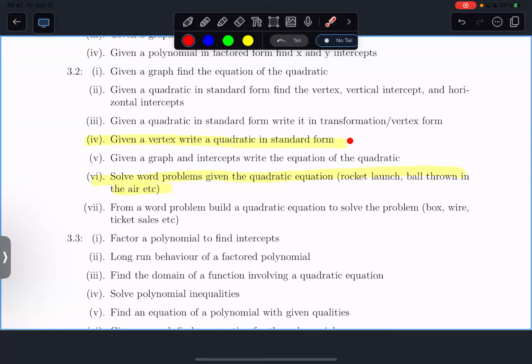Or if I give you a vertex, write the quadratic. I guess we can choose between these two. Do you like going to standard form or going to transformation form? Oof, it's been a while. Probably where it is now. Where it is now? Yeah, I think so.